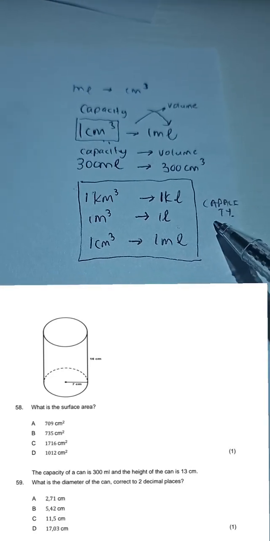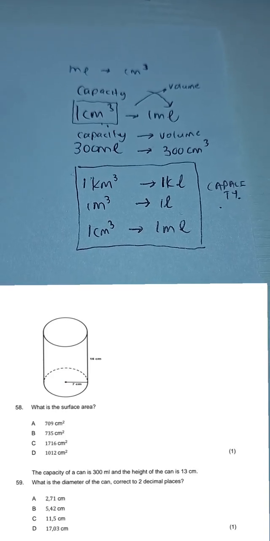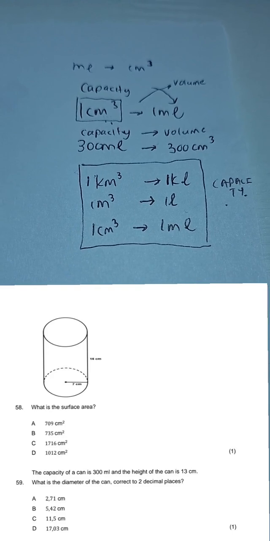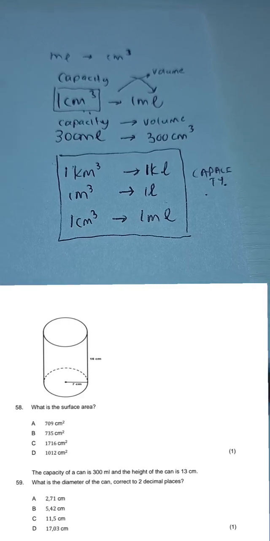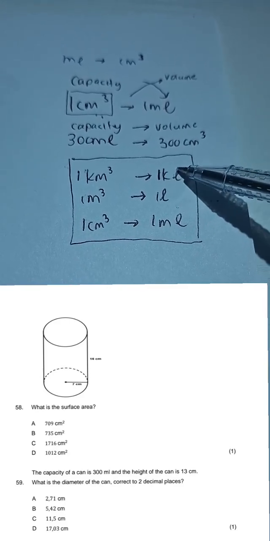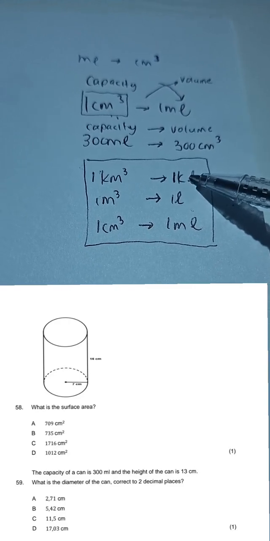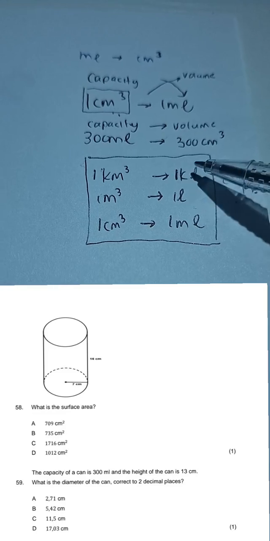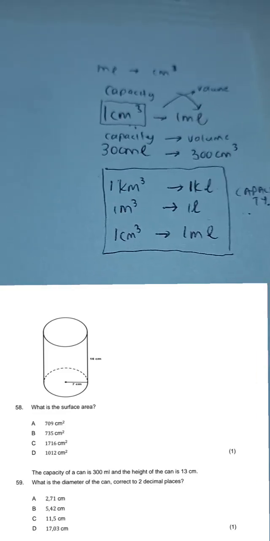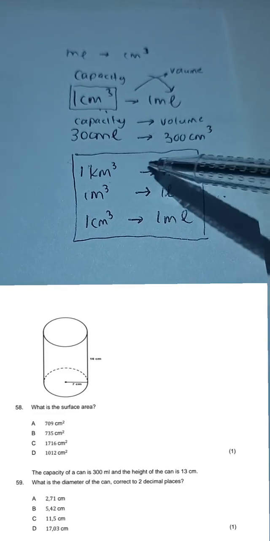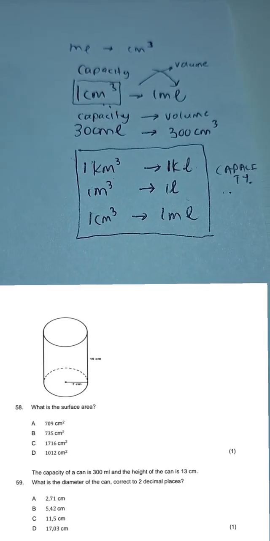The capacity of something is basically how much can be contained within a 3-dimensional solid. So if we have a cylinder here, and let's say they tell us that the capacity of the cylinder is 1 kiloliter, and we want to convert the capacity to volume, we know that 1 kiloliter is equal to 1 kilometer cubed.